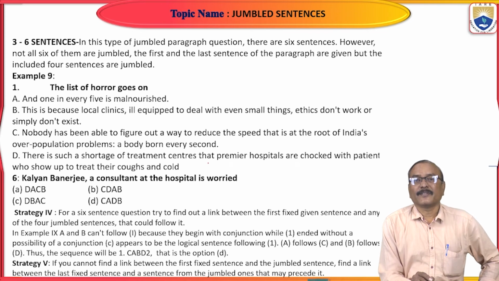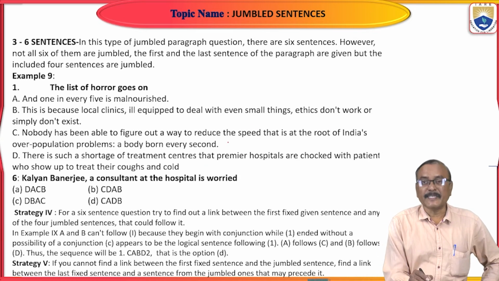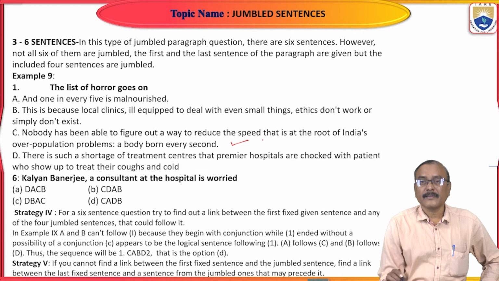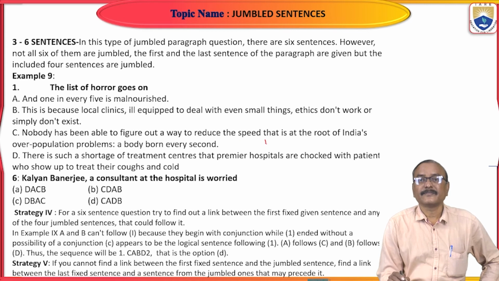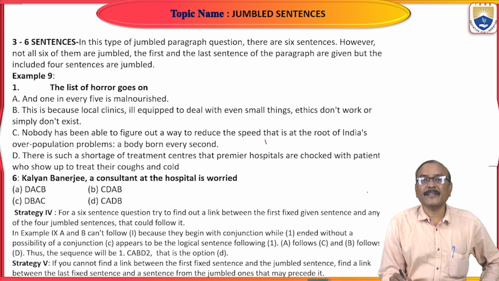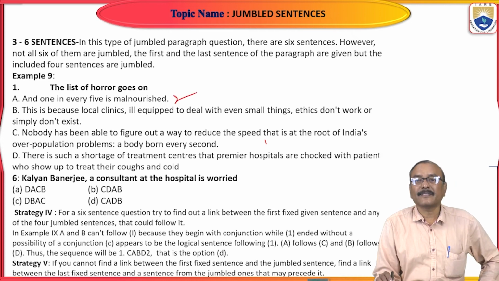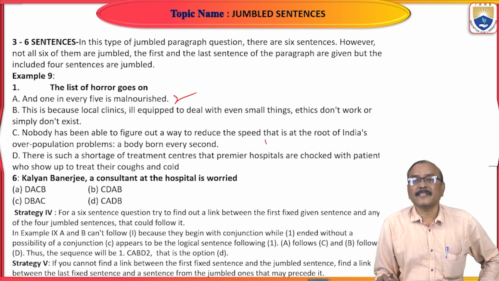Right? So C is the statement here. A body born every second. This may be the first one. Next. A body born every second and 1 in every 5 is malnourished. These are the 2. Is it clear?